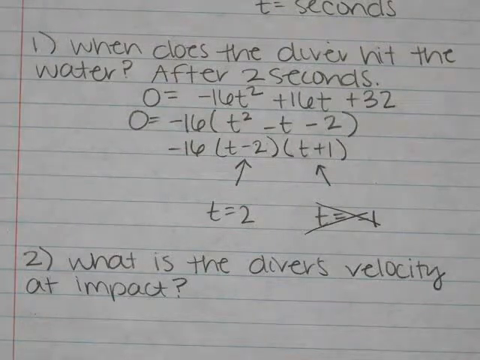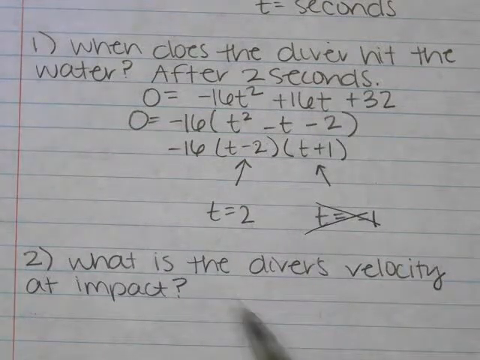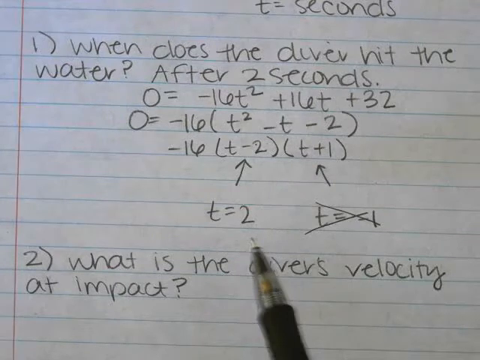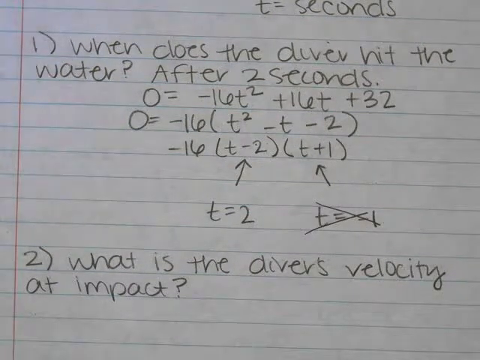Speed, right? It's like how fast you're going. Would it be fair to say that velocity is the rate of change? And we're talking about the rate of change at that instant. This is an instantaneous rate of change. So what do we need to find the velocity?